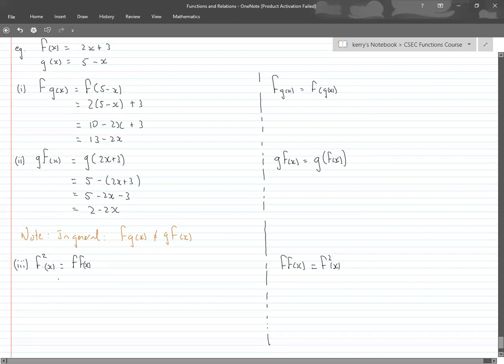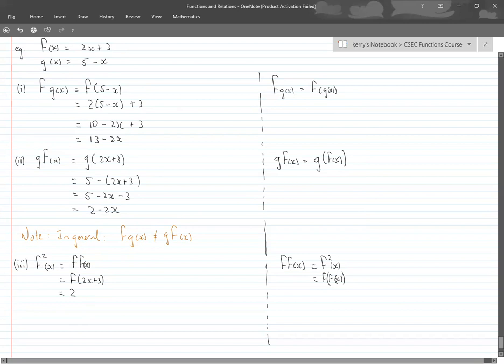So that means that you are substituting f into itself, f of f of x. So it will be f of the input into f is itself. So 2x plus 3 is the input. Now what you are doing is you look at the function f and your input is 2x plus 3.